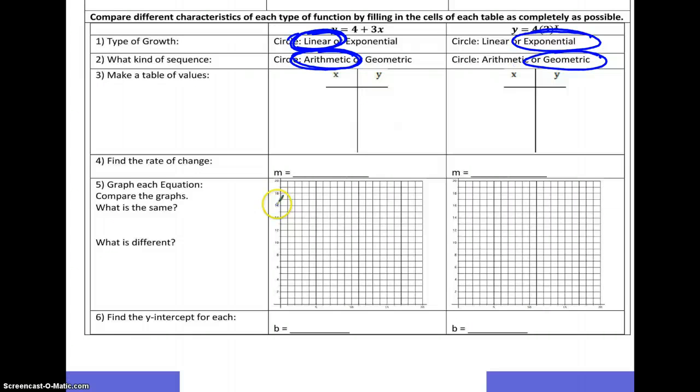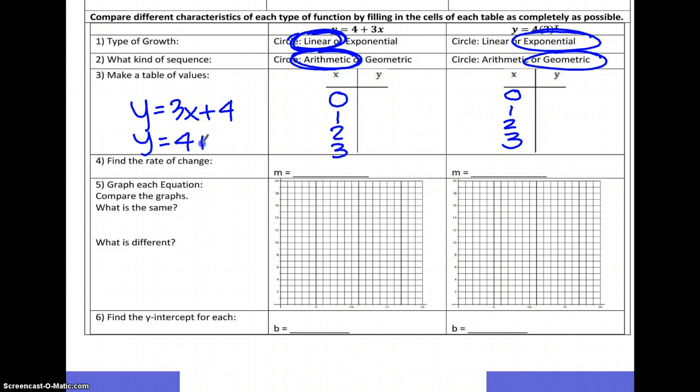If you look at your graphs here, notice that they only have positive values. And so for x, I would do 0, 1, 2, 3, 0, 1, 2, 3. And notice that your 0 term, you got y equals 3x plus 4, or the way it's written, 4 plus 3x.